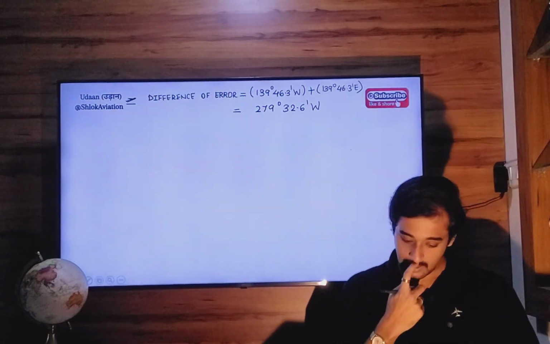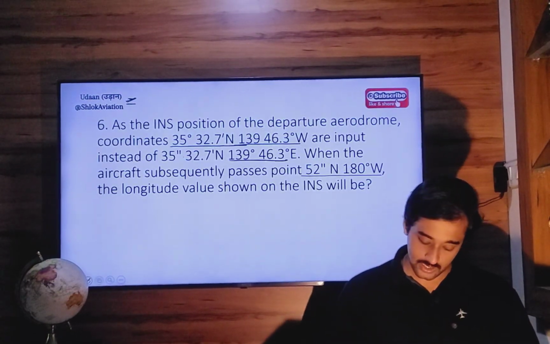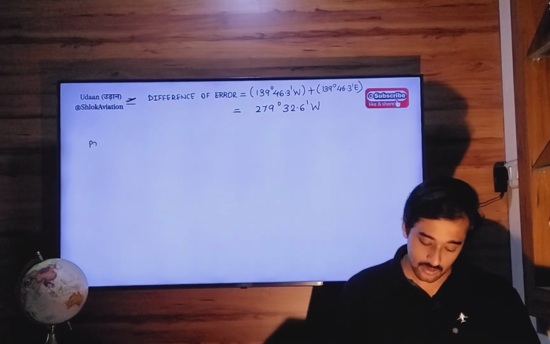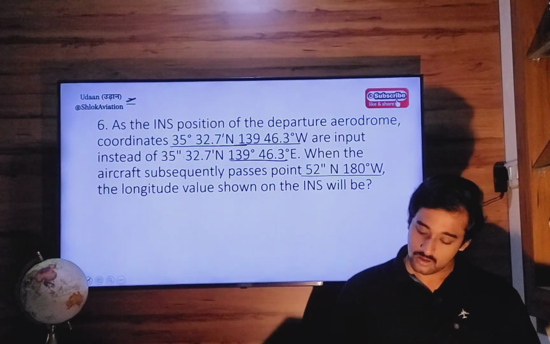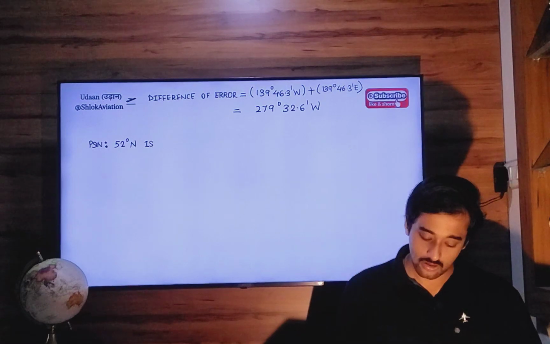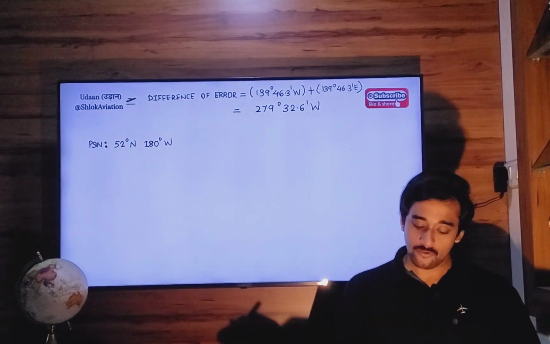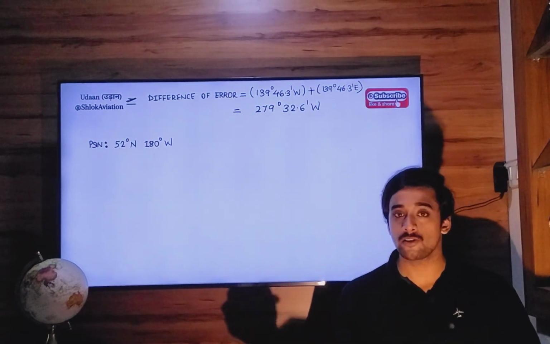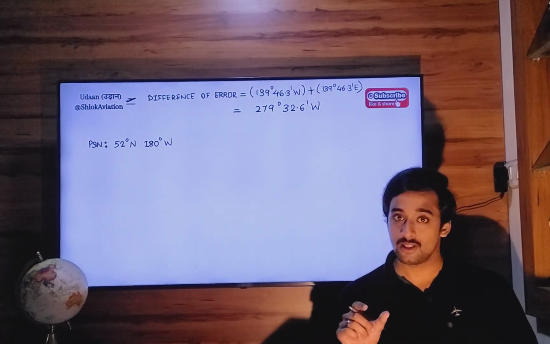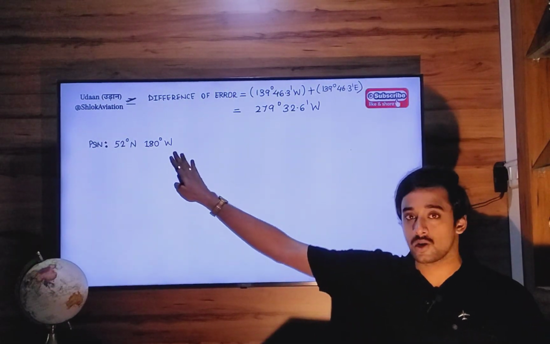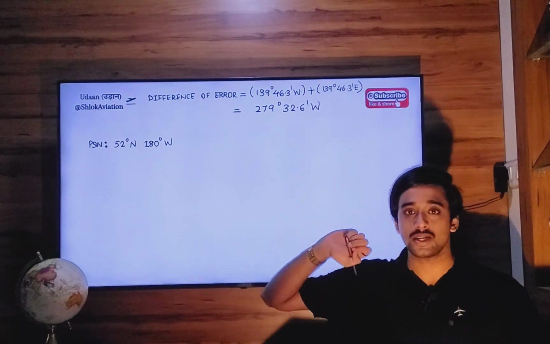Okay, next. Now, step number 2, the position that they have given is 52 degree north, 180 degree west. This is the position that you are going to overfly. Now, when you overfly this position, the longitude shown to you will be erroneous, will be wrong, and will be different from this original or accurate longitude by a value of 279 degree 32.6 minutes west.